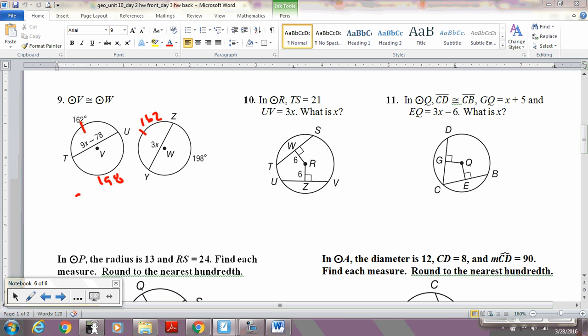In other words, 9x minus 78 is equal to 3x. Subtract 9x from both sides, you get negative 78 is equal to negative 6x. And divide both sides by negative 6. You would get 14. So x is equal to 14.